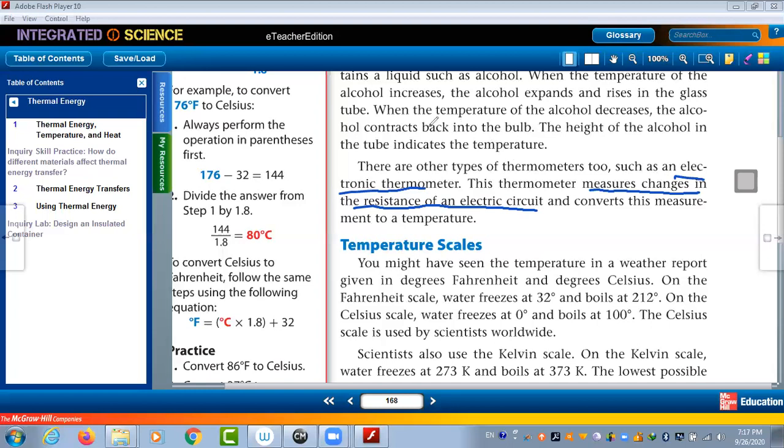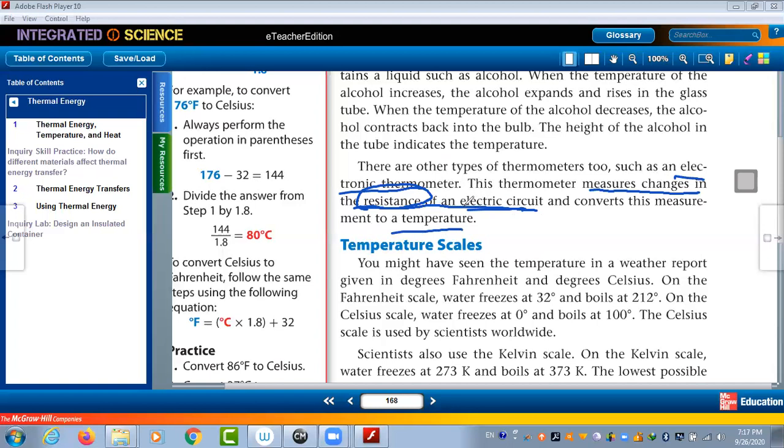The bulb thermometer measures a change in height or length of the alcohol, but here it measures a change in resistance of an electric circuit, and then it converts this change to temperature. I hope this point is clear.